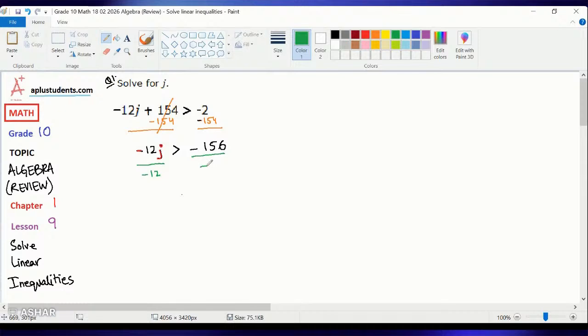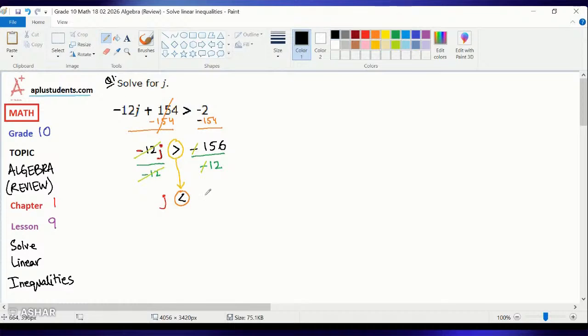Whenever we divide by a negative number, we invert this sign. How do we invert? From greater than, it becomes less than. Minus 12 is cancelled out with negative 12, which means j is left over here.